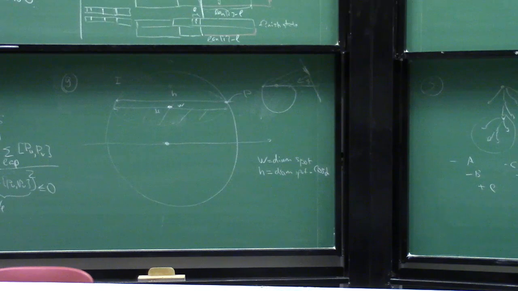Let me think. We want to find the point of touch of those two circles. What exactly is that point? That point is the point that is exactly our view.